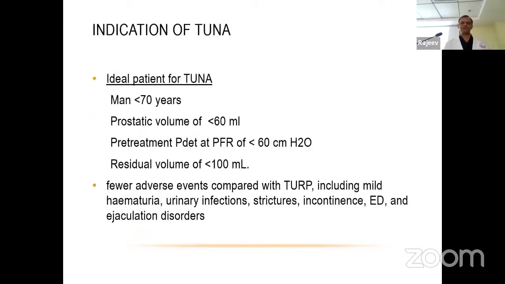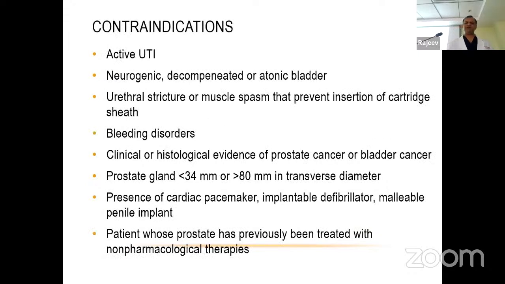The indication for TUNA: the ideal patients are men less than 70 years old with a prostatic volume of less than 60 ml, a pre-treatment PdetQmax at peak flow rate of less than 60 centimeters of water, and a residual volume of less than 100 ml. Few adverse events compared with TURP include mild hematuria, urinary tract infection, stricture, incontinence, and ejaculatory disorder.